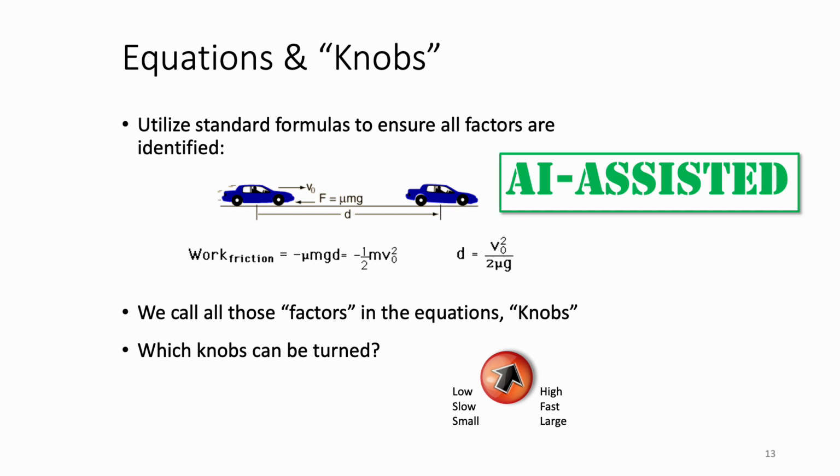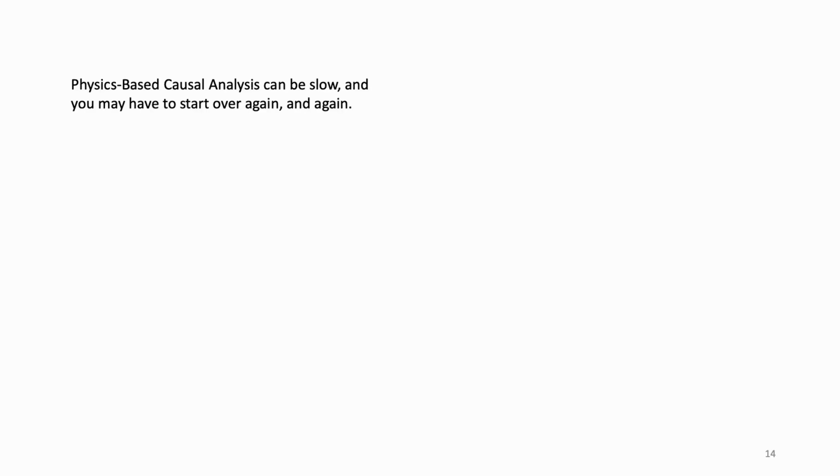AI assisted again, luckily, in case you forgot your physics or you're not an expert in that area. So this process can be slow, and you may have to start over again and maybe again. But this just means that you're learning and you are willing to admit it, so you keep going.